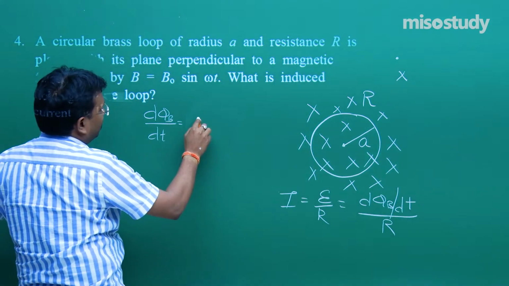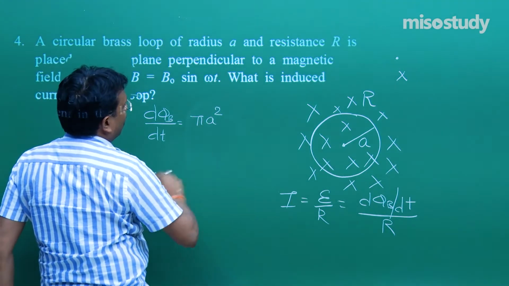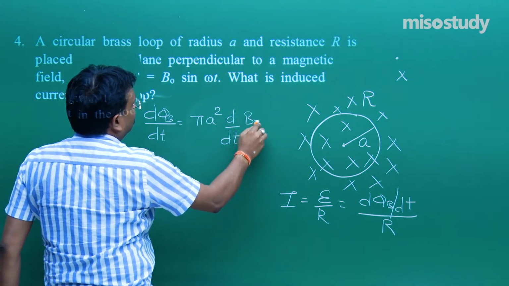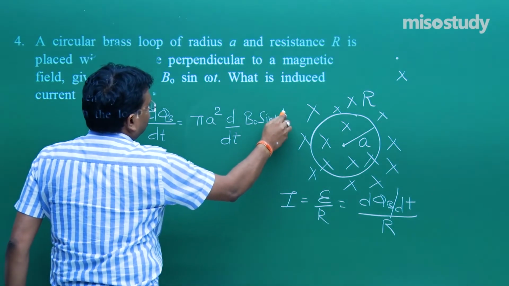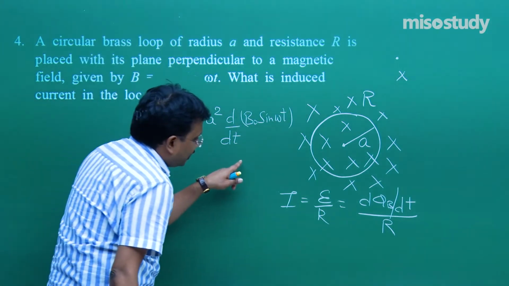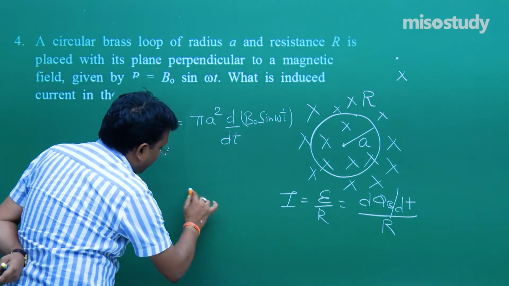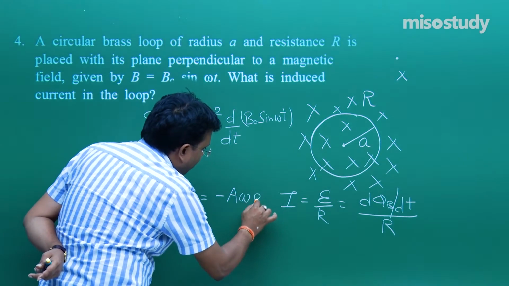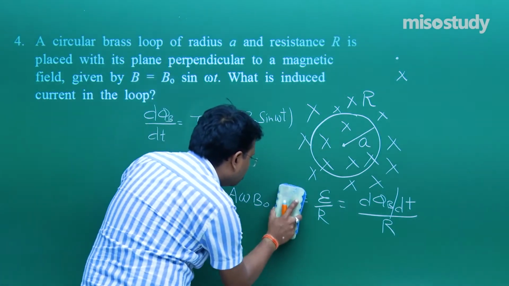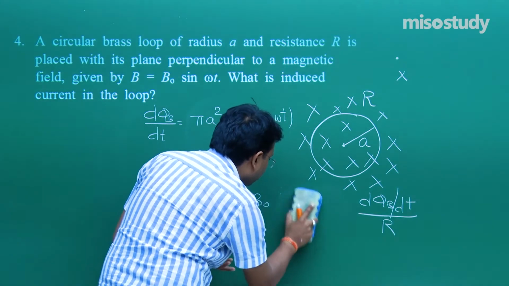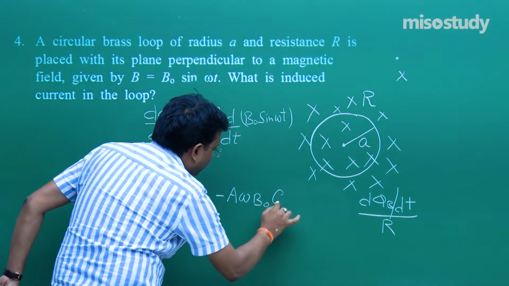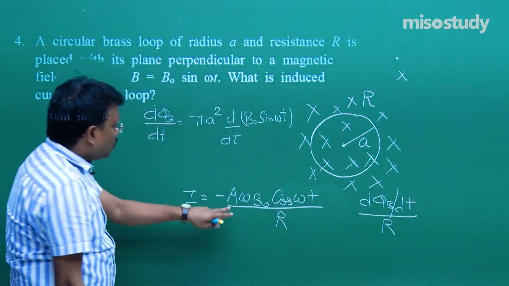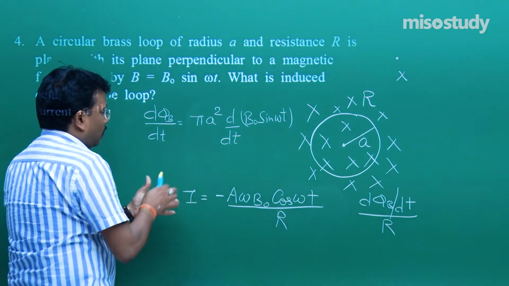So, it is going to be like this: pi a square d by dt of b naught sine omega t. Simply differentiate it, and you will get I finally is equal to minus pi a square omega b naught cos omega t upon R.